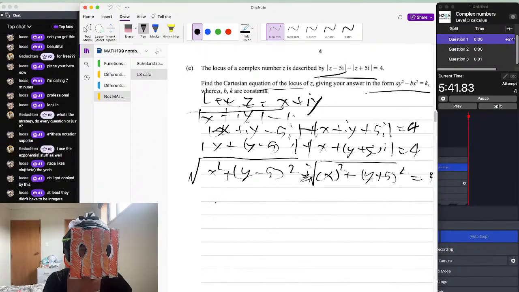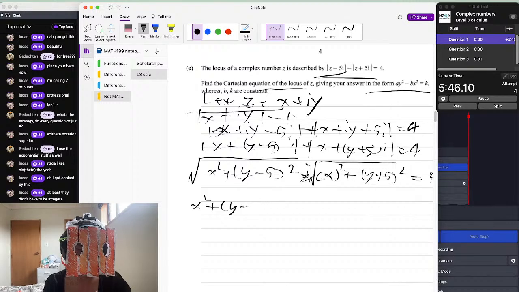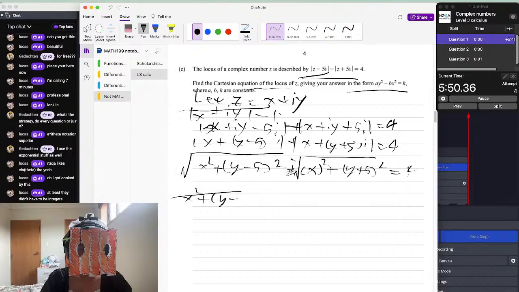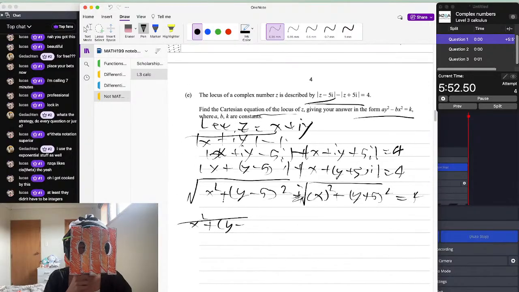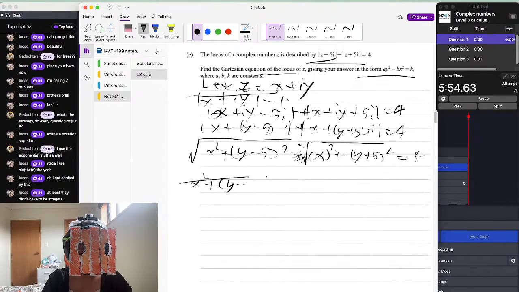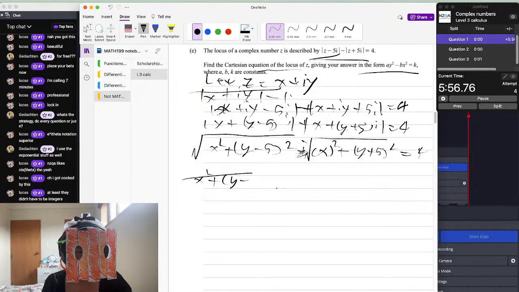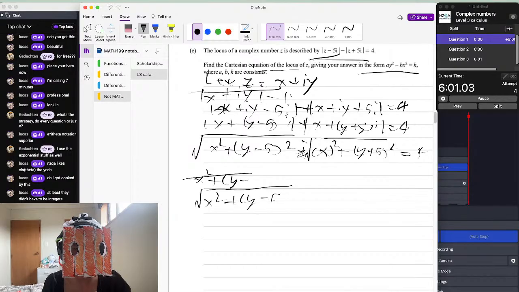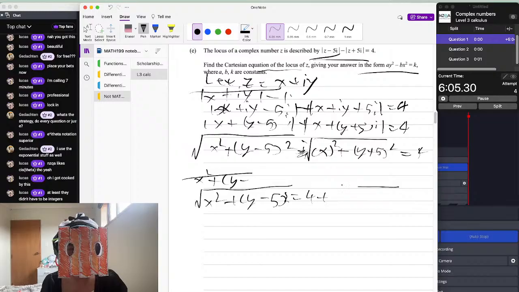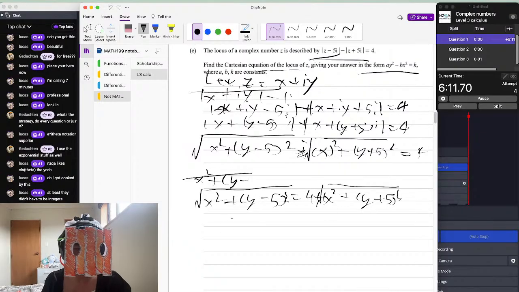Square both sides. That's going to give us x squared plus y minus 5 squared equals 4 plus square root of x squared plus y plus 5 squared.